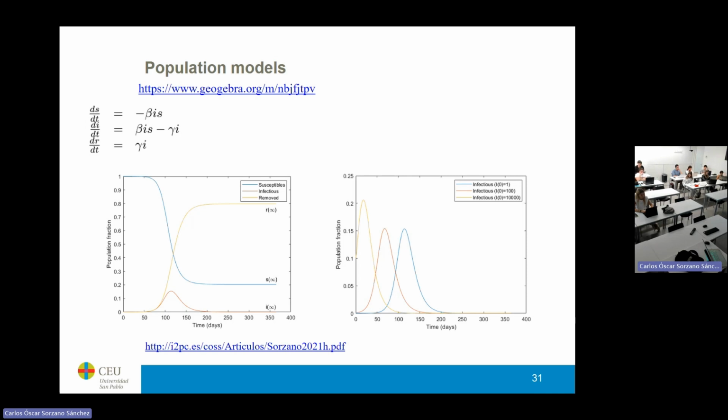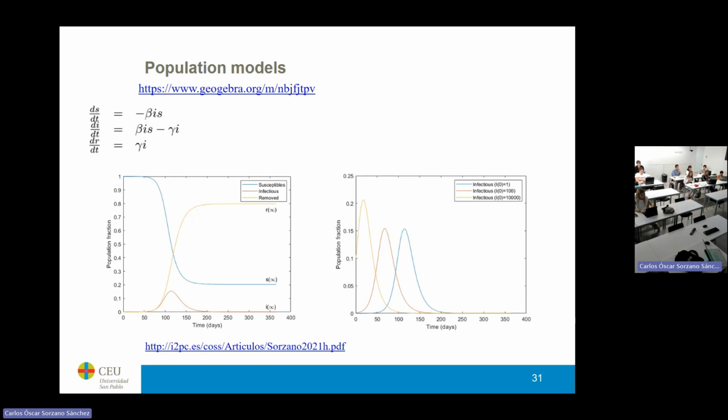So the fraction of recovered and the fraction of S depend on beta and gamma. Infectious always go to zero.